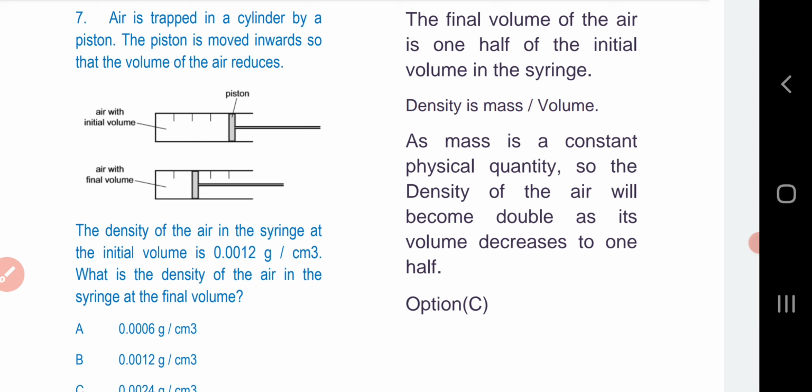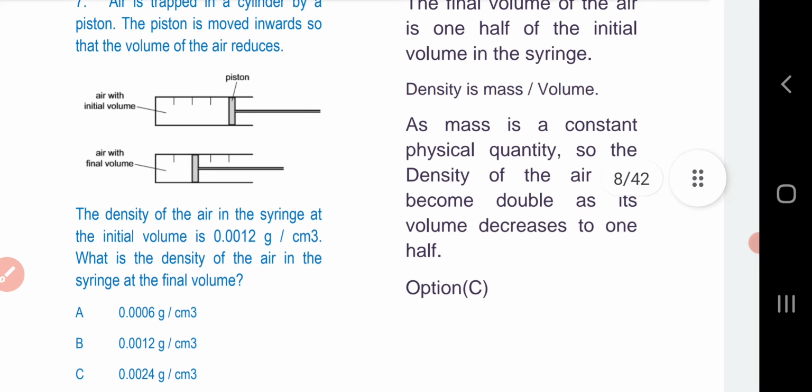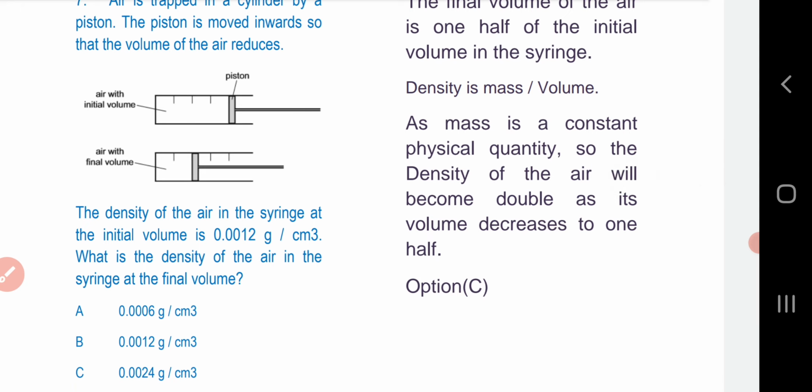So if volume becomes 1/2, then the density will become double. So the answer is option C, 0.0024 gram per centimeter cube is the final density of the air. The initial density is 0.0012 gram per centimeter cube. Option C is the answer.